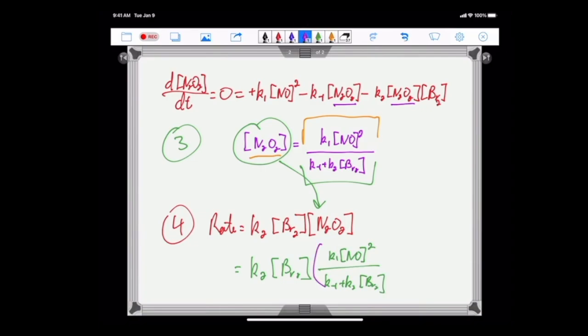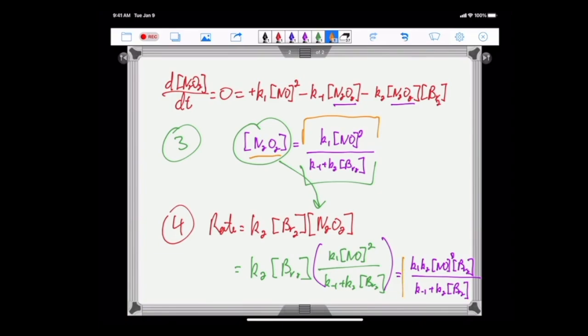That's all of that part here in the middle. Which means the final rate expression, just by multiplying this together, we could show as k1 k2 [NO]² and then bromine, all on the numerator, and the denominator is what we show over here, k-1 plus k2[Br2].